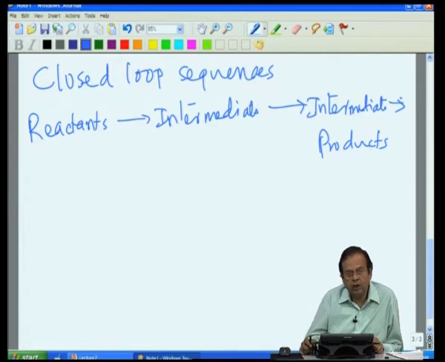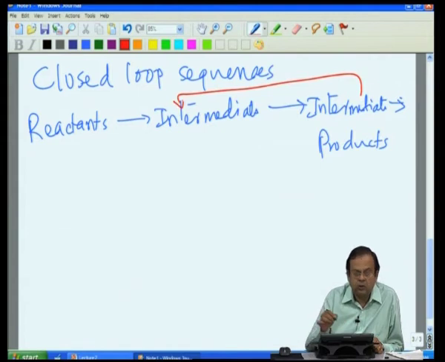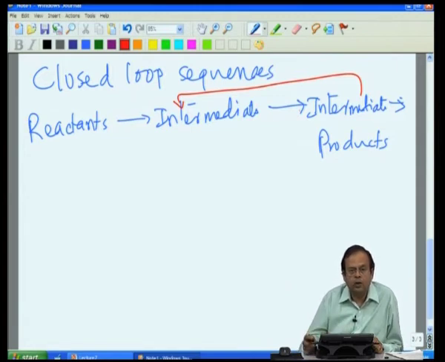However, unlike open loop, which is what happens typically in an open loop sequence, in a closed loop sequence the intermediates, let us say at a later stage, go back to intermediates at an early stage, in a way closing the loop in a sequence of events.